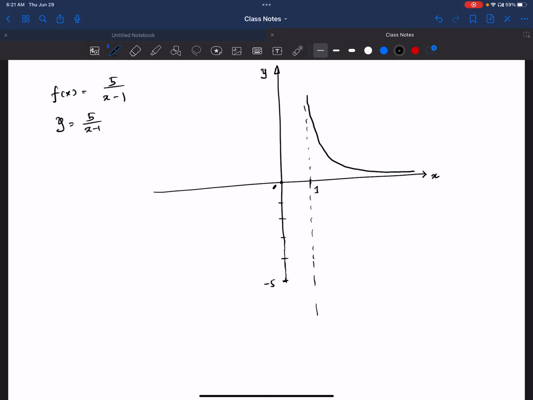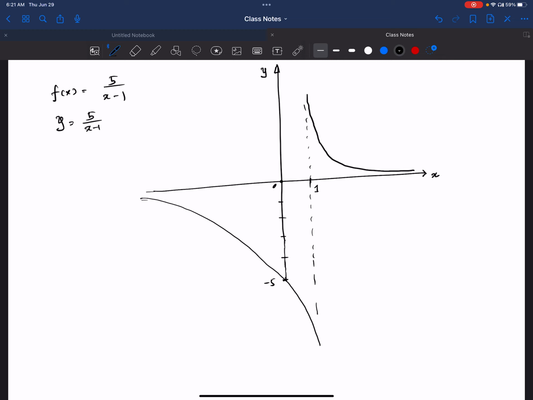And when x goes to negative infinity, y becomes negatively close to 0. So it should be something like that.